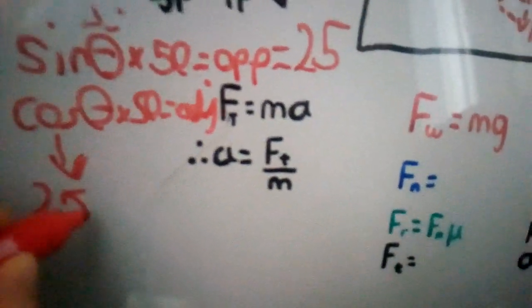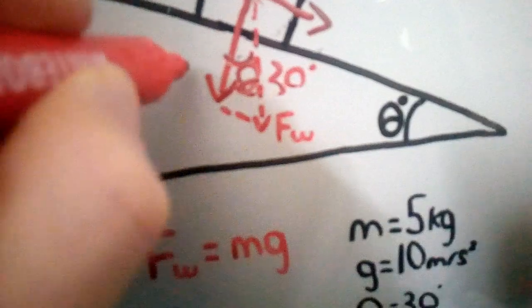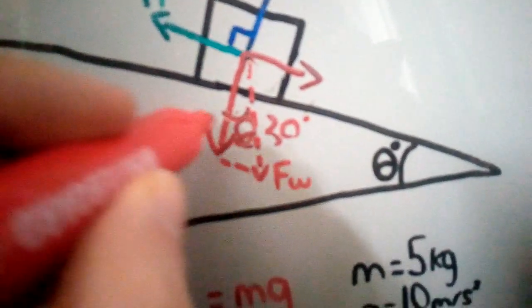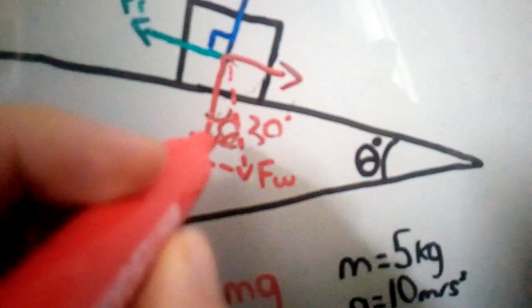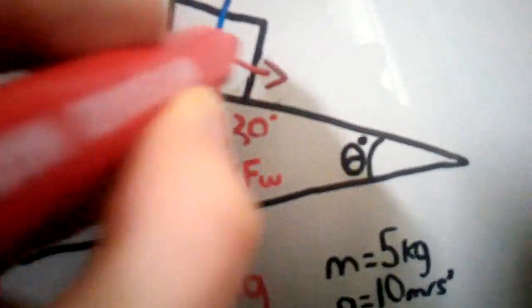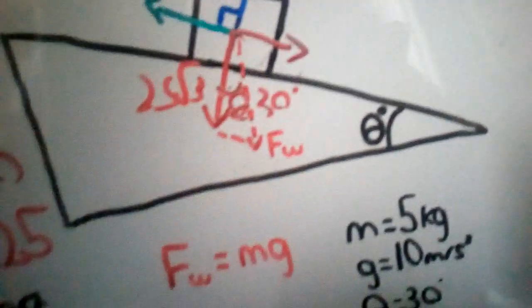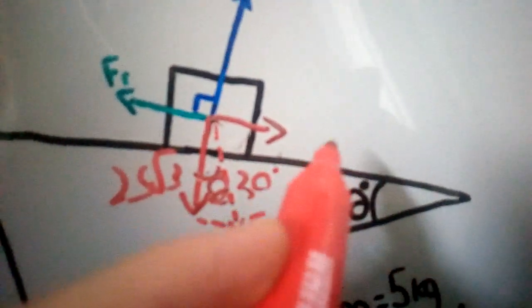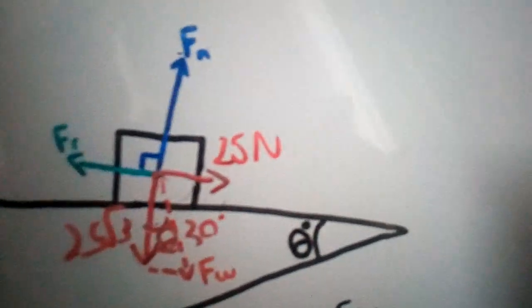So the cosine. Okay, so now I know these forces. So this is my adjacent side, this is 25 root 3, and this is my force, of which the box is actually going in the direction of, and that is just 25 newtons, as we worked out, which is good.